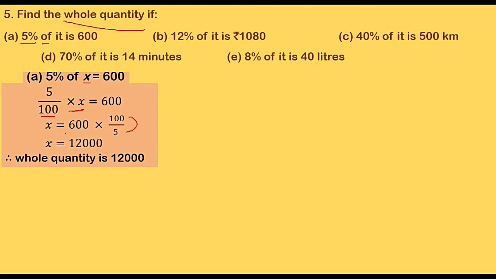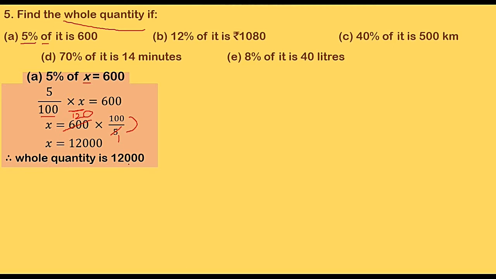So numerator becomes denominator and denominator becomes numerator. Cutting this 5 by 1 and here 120. What we get? 120 multiplied by 100. So the value of x we get is 12,000. Therefore, the whole quantity is 12,000.